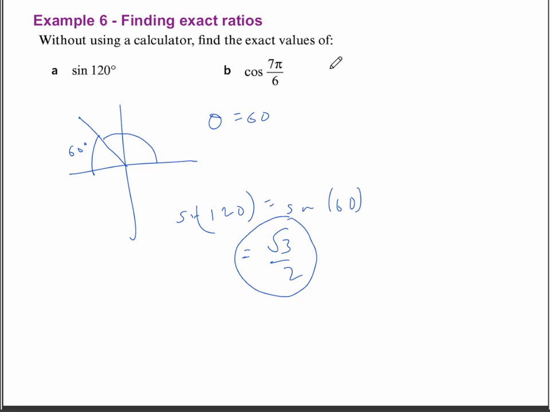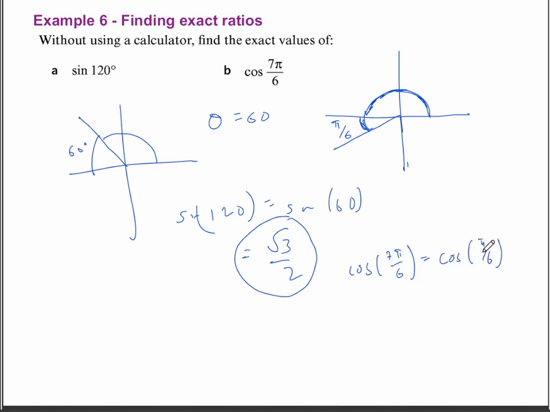When you look at cos 7π/6, we are looking at pi, then π/6 right here. Obviously, this whole thing is pi because 180 degrees, this thing right here. And so what's remaining here is π/6. Therefore, the magnitude of cos 7π/6 is the same as the magnitude of cos π/6.